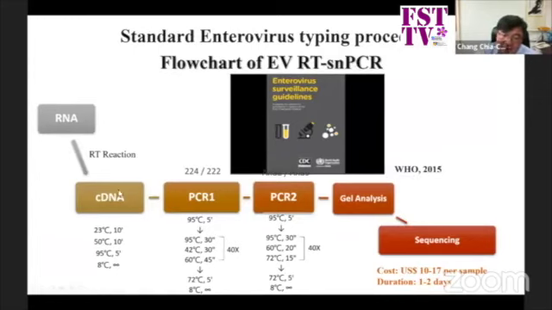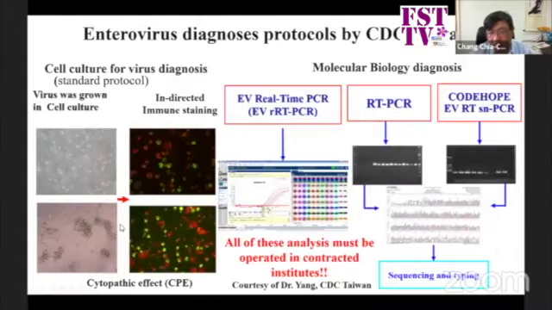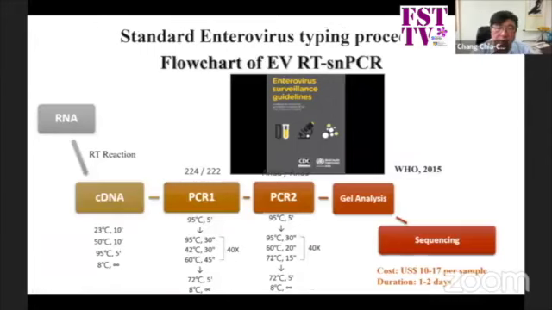The RNA is converted to cDNA and amplified with the cohort primer for the first PCR process, and then with the next PCR process to confirm whether it can be amplified or not, and then sequencing to determine what type of enterovirus it is. The sequencing takes 1 to 2 days, but the cell culture process may take weeks.